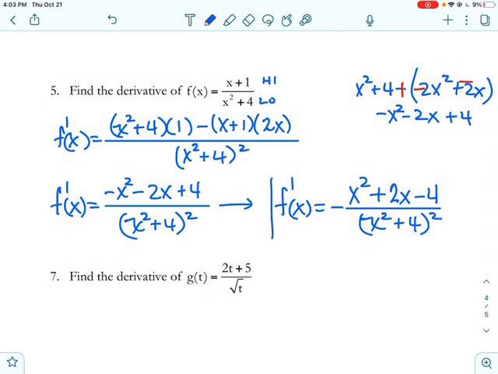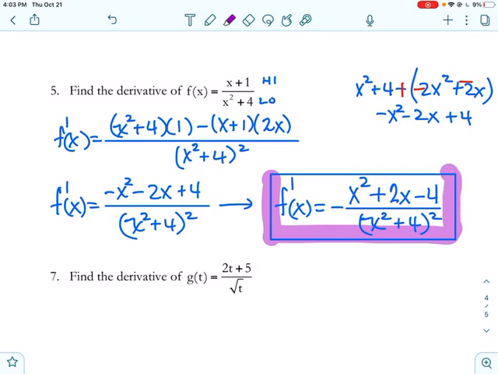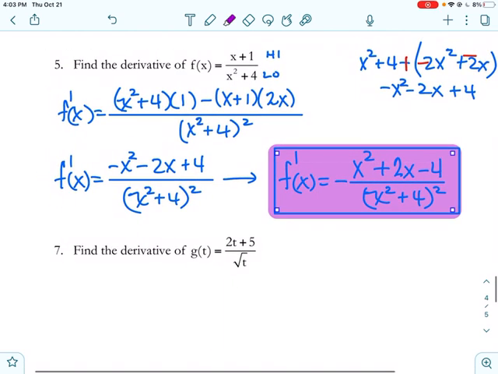Tons of things that look like you can factor out and cancel, but you can't. X squared plus 2x minus 4, does it factor? No, not really, right? 4 and 1, if it was a 3x, it'd be nice, but that's it.